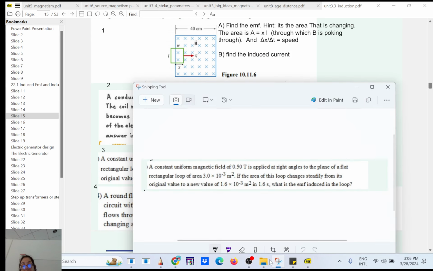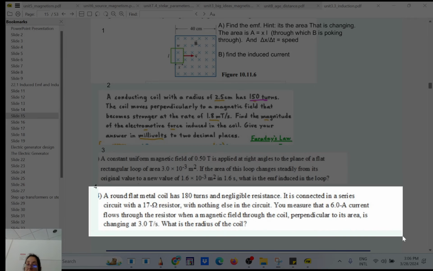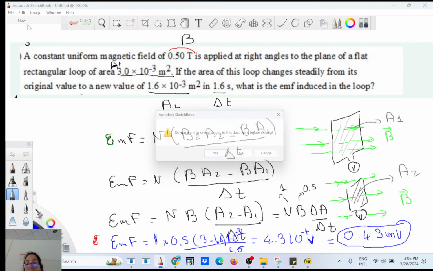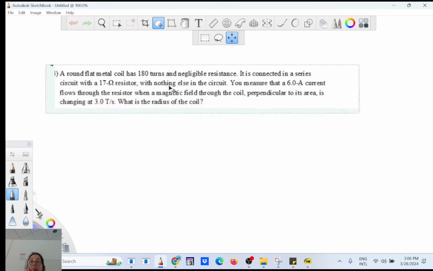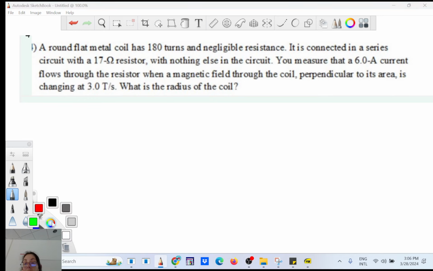Let's do number 4. Round, so that will be the number of turns. It's connected in series.